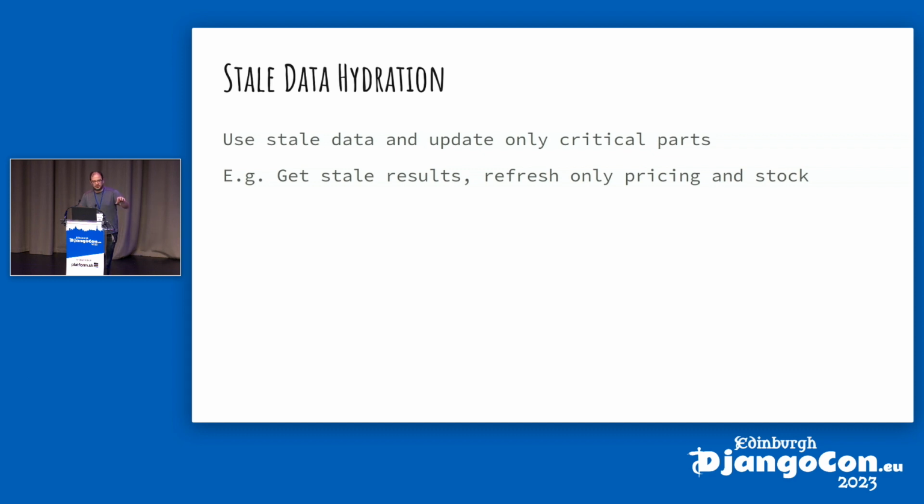We have a function that serves stale data, and we get these results and update only pricing and stock to have more up-to-date data, because even 1 minute is too much for that. But for the list of products, it's okay if something changed in 1 minute. It's worse to show products out of stock or with a wrong price because it's changed.